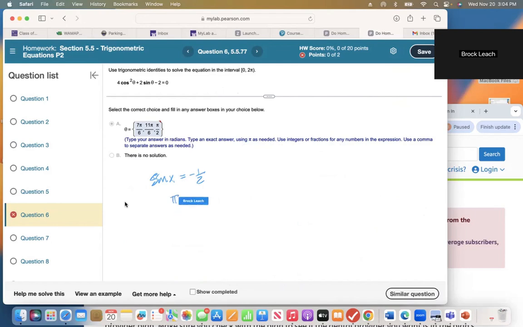We had negative pi over 6, but we forgot to also include the one that's in the third quadrant, which is 7 pi over 6. That was an obvious mistake on my part. There were two solutions because there's two places where we get negative 1/2. There's only one place where we got positive 1. Does that make sense?